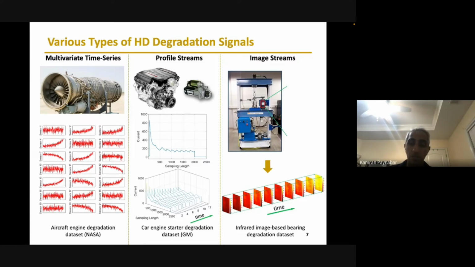The question is how we can use this stream of images and, based on this image degradation, predict the remaining lifetime of the system and when the bearing inside this gearbox is going to fail. That's another type of high dimensional data analysis, and we can use it for degradation modeling, prognostics, and estimating the remaining lifetime of the system.